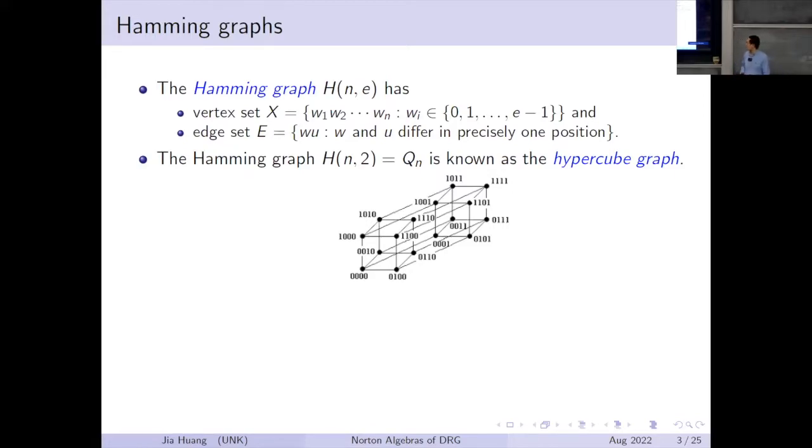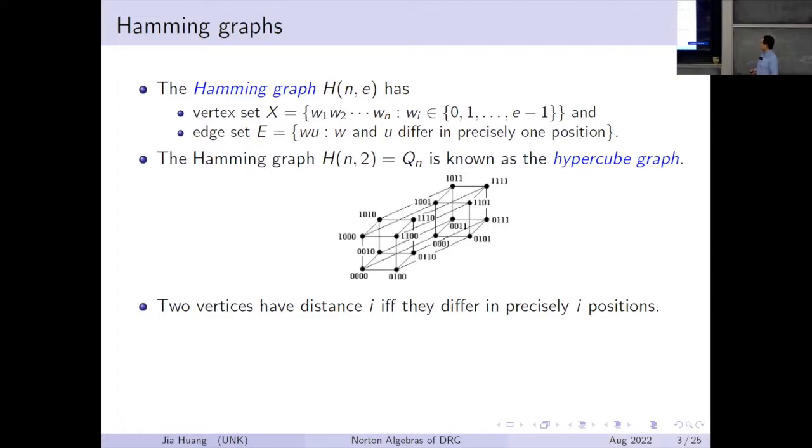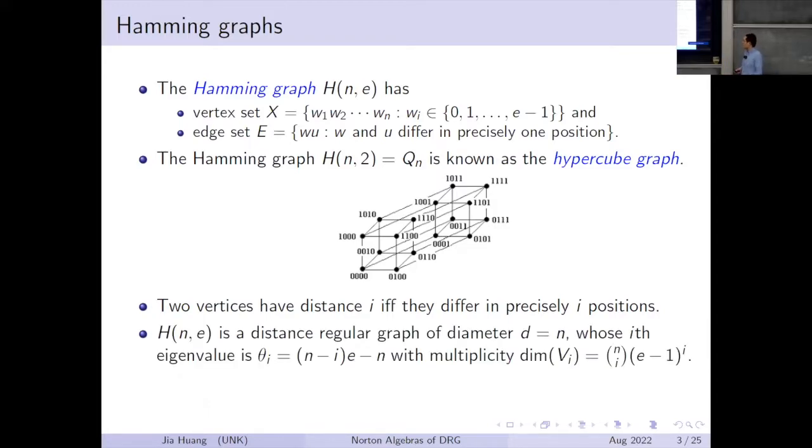All the length 4 binary strings are vertices, and you connect two of them if they differ in one position. We can also see that when two vertices differ in i positions, they are at distance i from each other in the Hamming graph. So this implies that this graph is a distance regular graph with diameter d equals n.